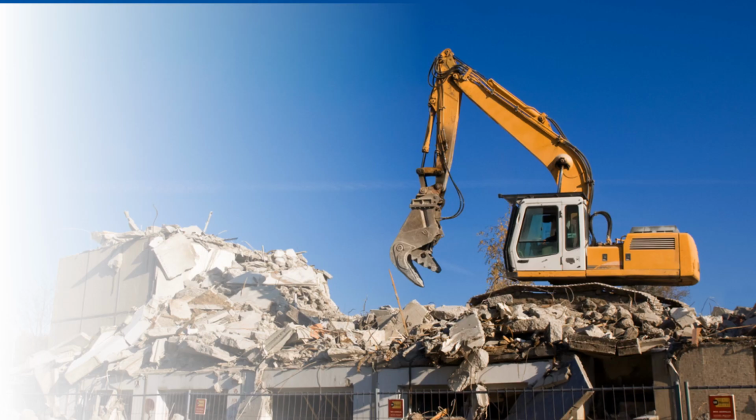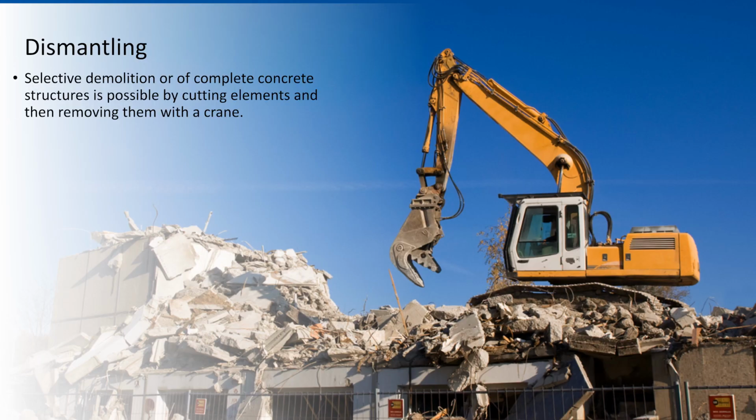Let us talk about the next important point, dismantling. Selective demolition or demolition of a complete concrete structure is possible by cutting elements and then removing them with a crane. The cutting process may be by sawing, water jetting or thermal lancing.